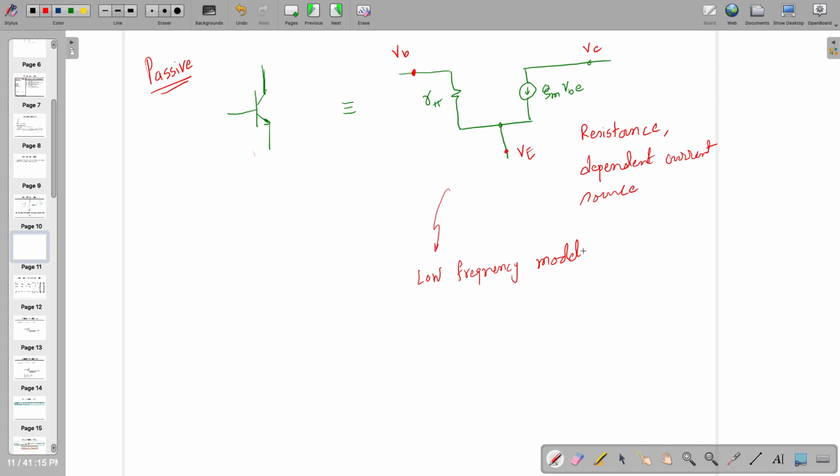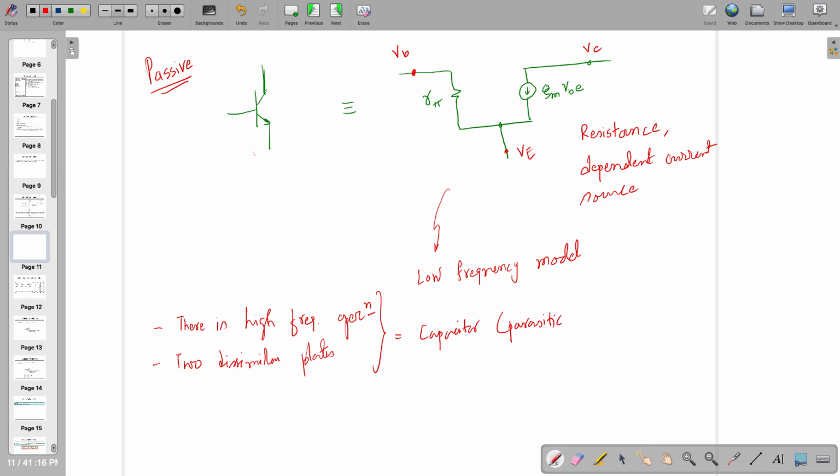It is not valid for very high frequency, because in high frequency operation, if you have two dissimilar plates, meaning both plates have different voltages, that is the formation of a capacitor, which is parasitic, by the way. So there are three plates I can see directly: base to emitter, base to collector, collector to emitter, right?